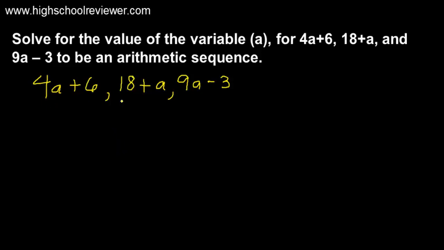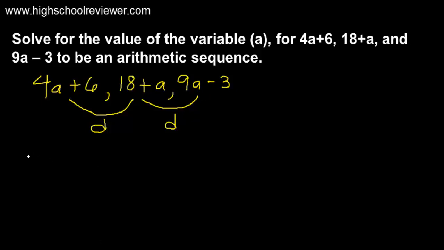So we need to find the value for a so that these three will be an arithmetic sequence. But we know that if we subtract two consecutive terms, we will get the common difference, or D. So if we subtract 9a minus 3 and 18 plus a, we will get D here. And if we also subtract 18 plus a and 4a plus 6, we will also get D there. Okay. So let's make this clear.